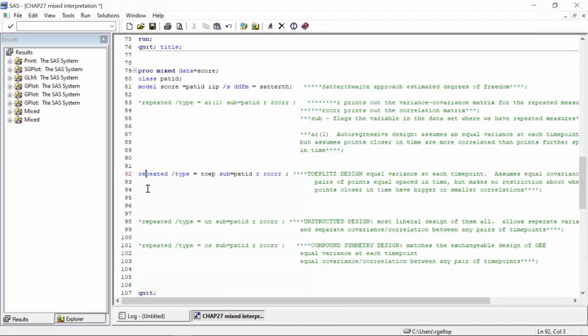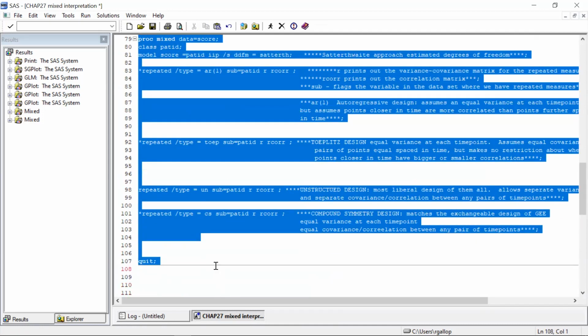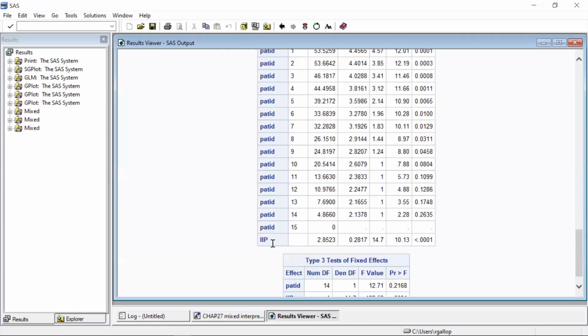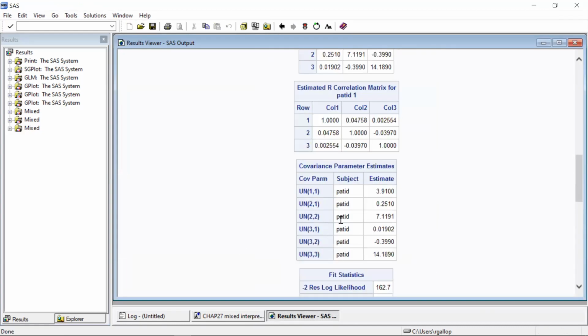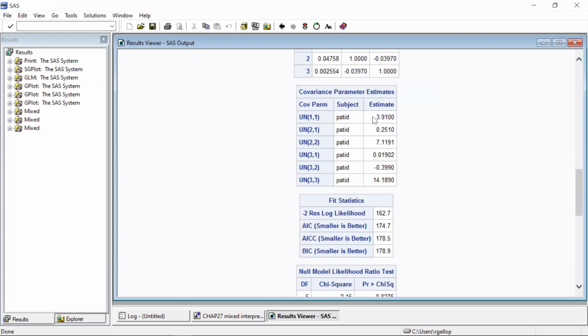Let's go ahead and go to the unstructured and show you what that does. So with the unstructured, we fit this, and we're right here. UN11 is the variance of time 1. UN22, the variance of time 2. UN33, the variance of time 3.